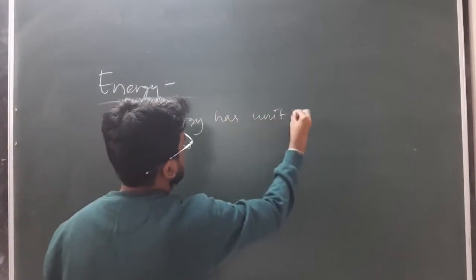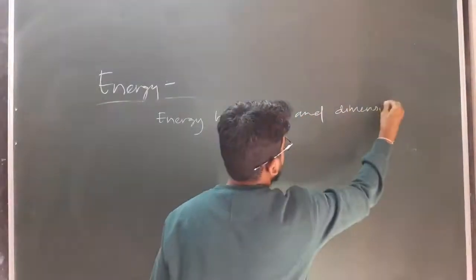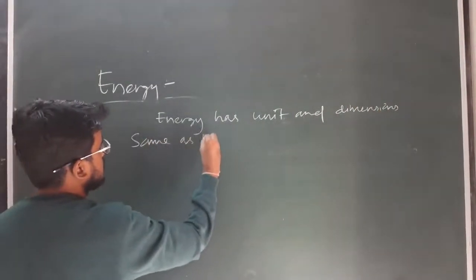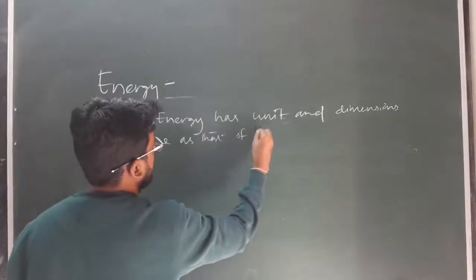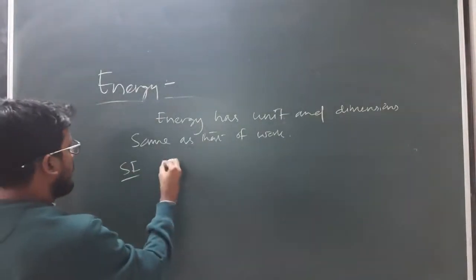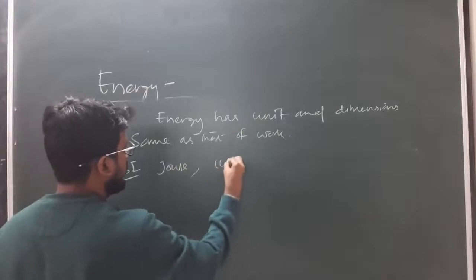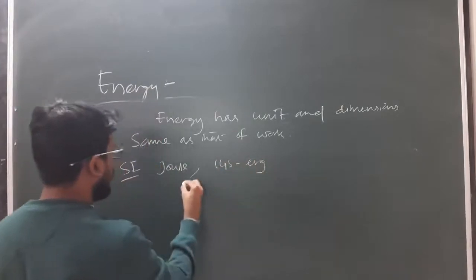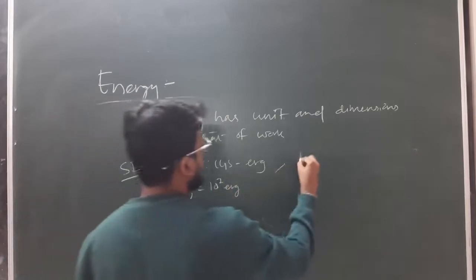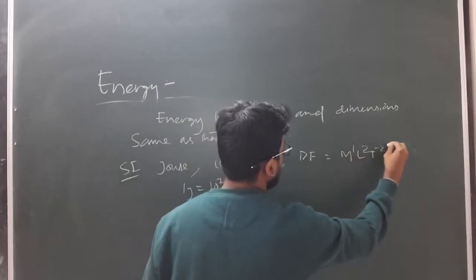So in SI system, the unit of energy is joule, and in CGS system, the unit is erg, and we know 1 joule is equal to 10 to the power 7 erg, and it has dimensional formula same as work, that is M1 L2 T minus 2.